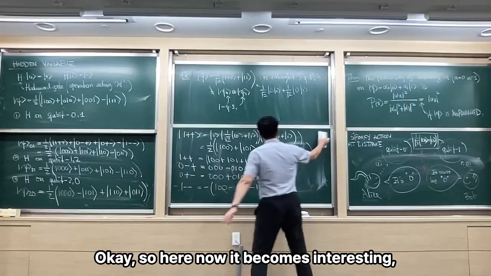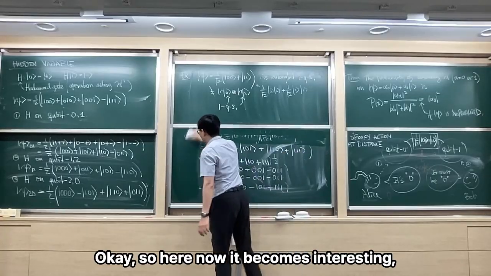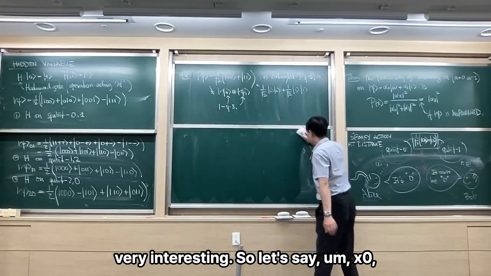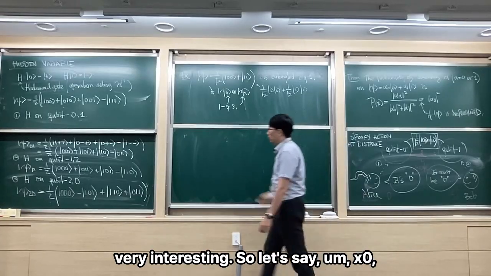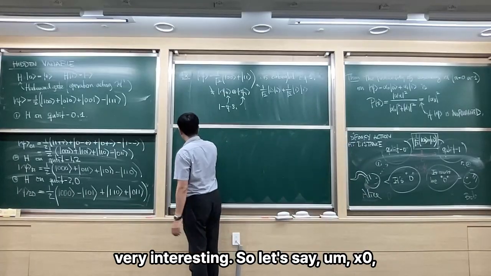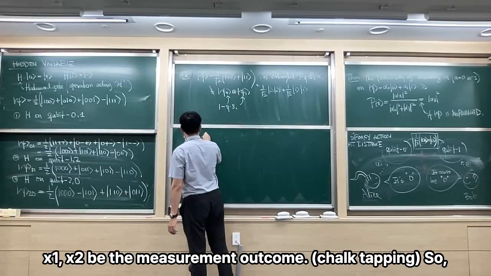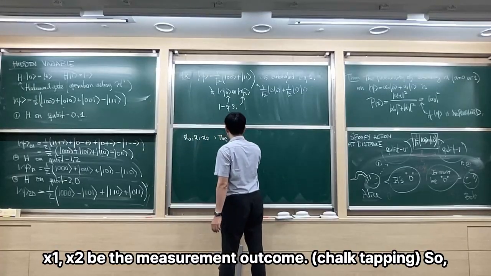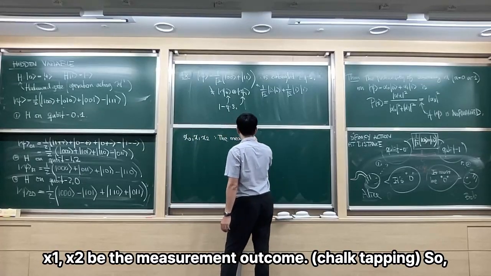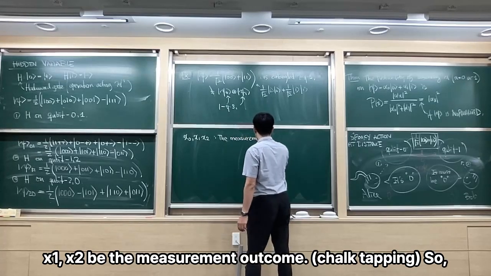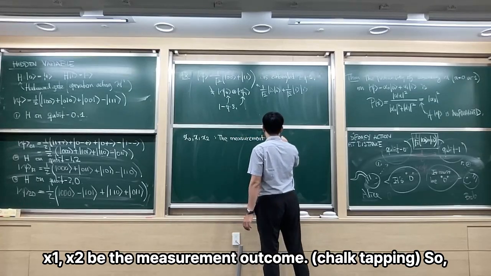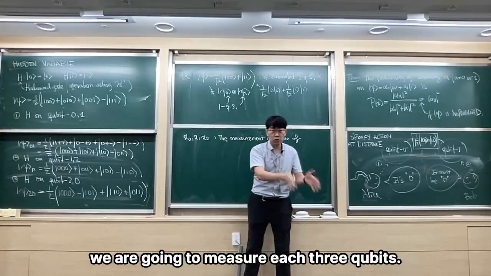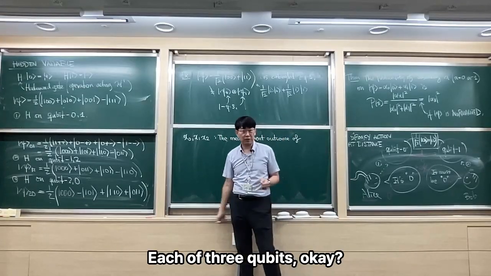Okay, so here now it becomes interesting, very interesting. So let's say x0, x1, x2 be the measurement outcome of, so we're going to measure each of the 3 qubits, okay?